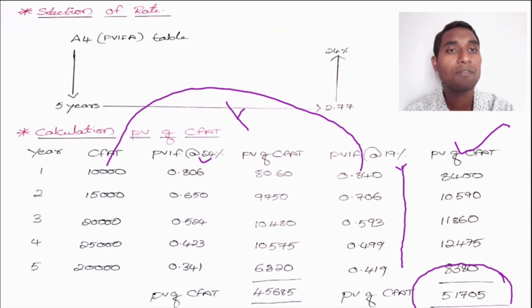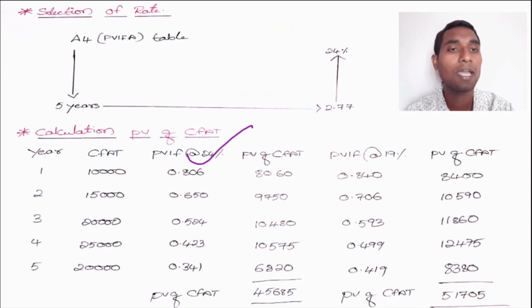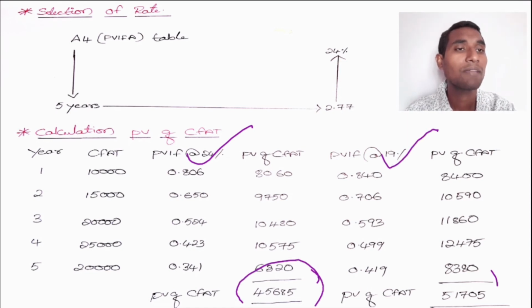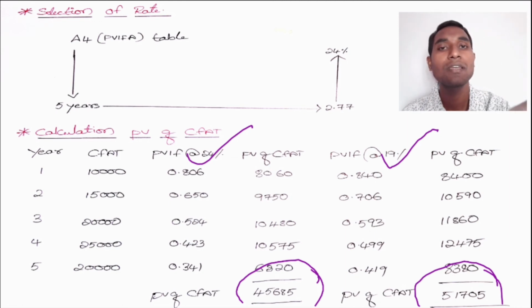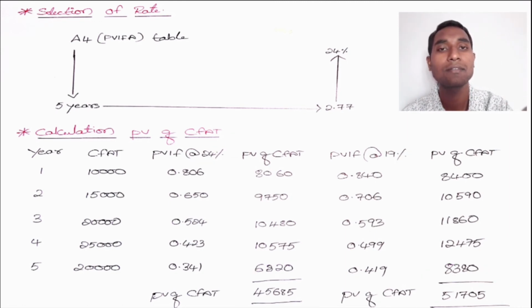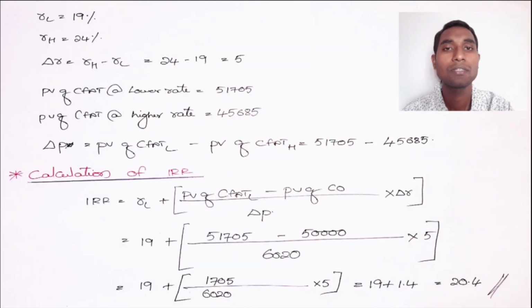So when I tried at 24%, I have a value which is less than my investment. When I tried at 19%, I have a value which is more than my investment. Now this is sufficient for calculating IRR. So I have listed here the ingredients. The lower rate I have tried is 19%, the higher rate is 24%.